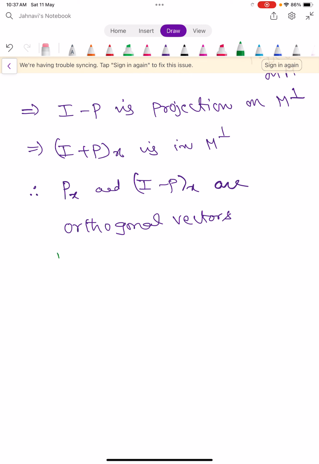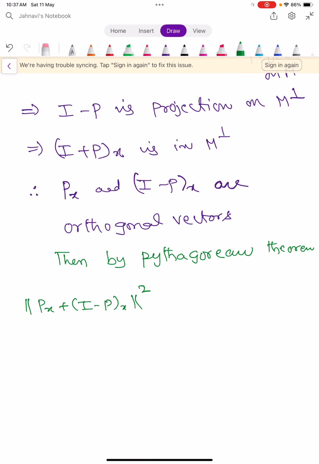Then by the Pythagorean theorem, norm (Px plus (I minus P)x) whole square = norm Px square plus norm (I minus P)x whole square, because of Pythagoras theorem.